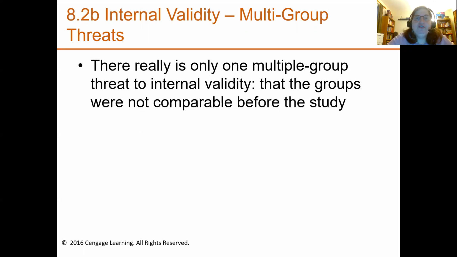That's what they try to do, to try and show the groups are as similar as possible. Now, as we know, random assignment can really help our groups be similar. Sometimes it doesn't work out that way though, right? Sometimes you just get luck of the draw and one group is quite different from the other, even though you randomly assign them.